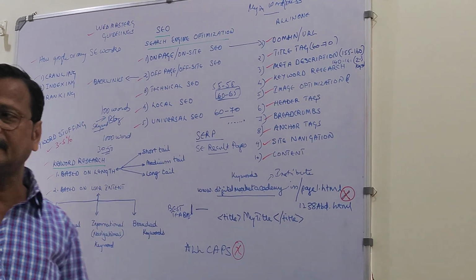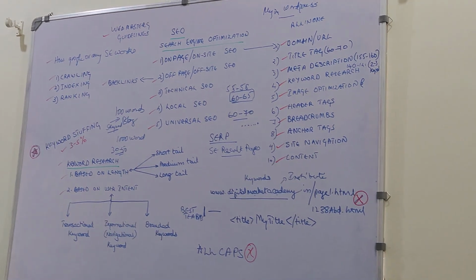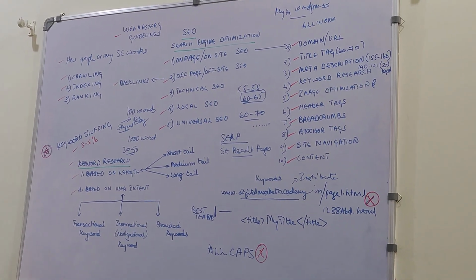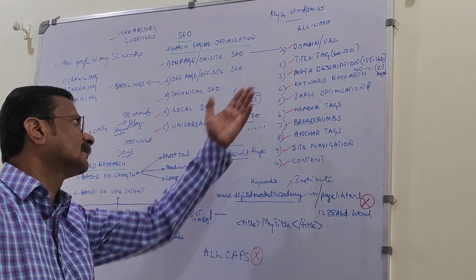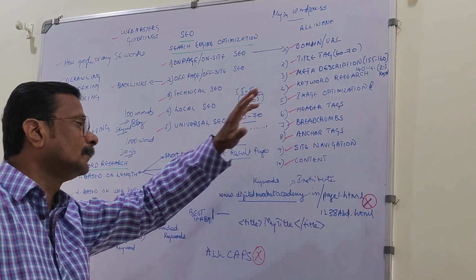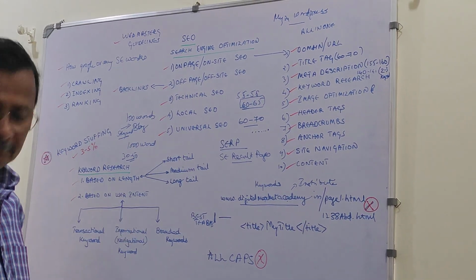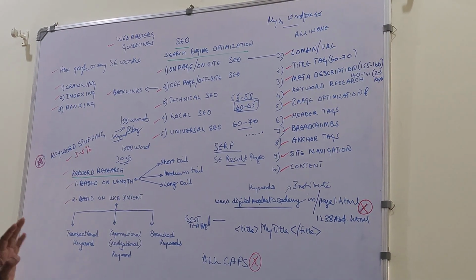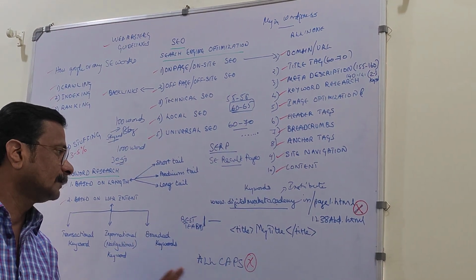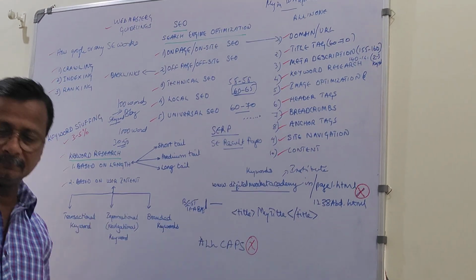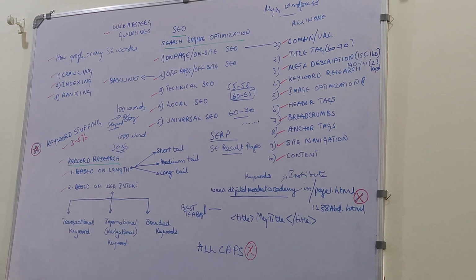Never do keyword stuffing. A lot of keywords in the meta description is a very bad idea. Just like I told you for the title tag, don't write an irrelevant meta description. Title and meta description should go together. Clear?